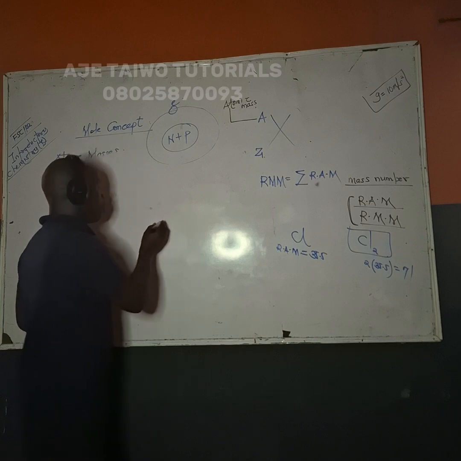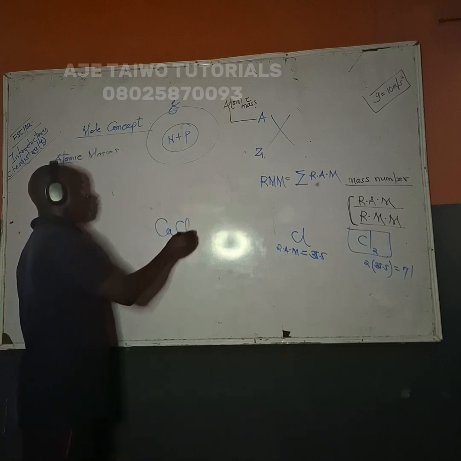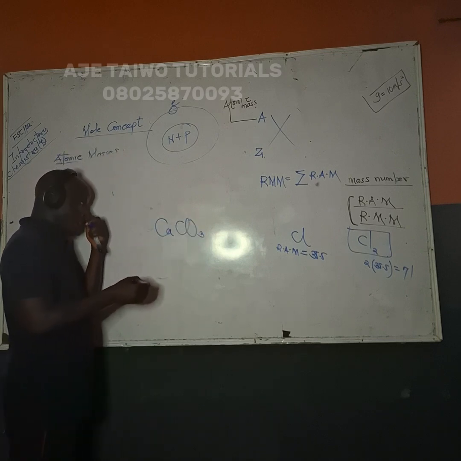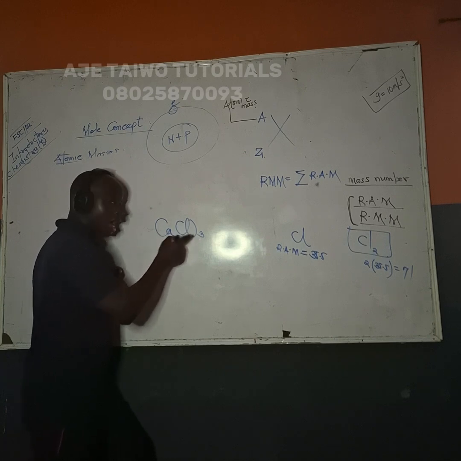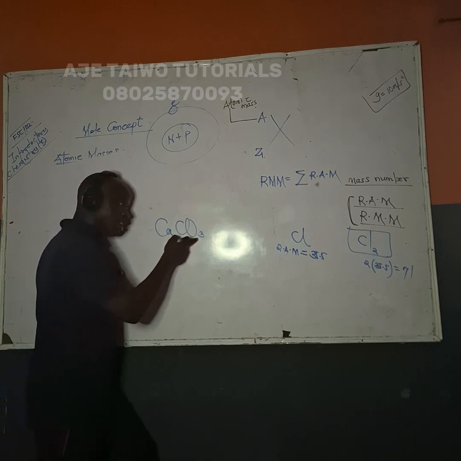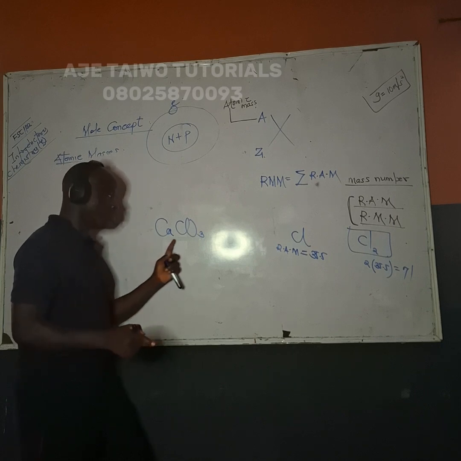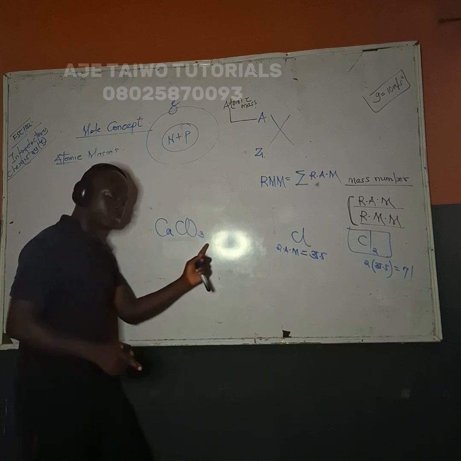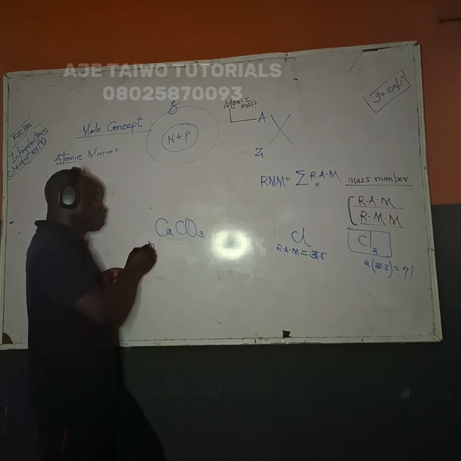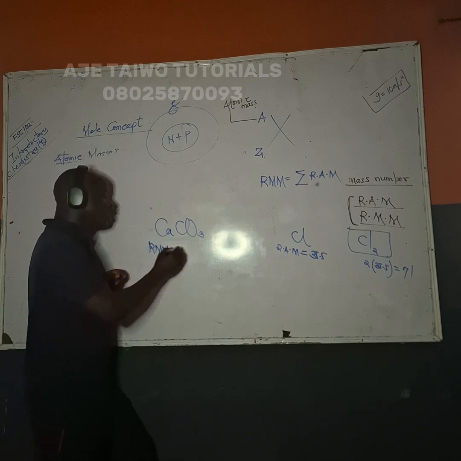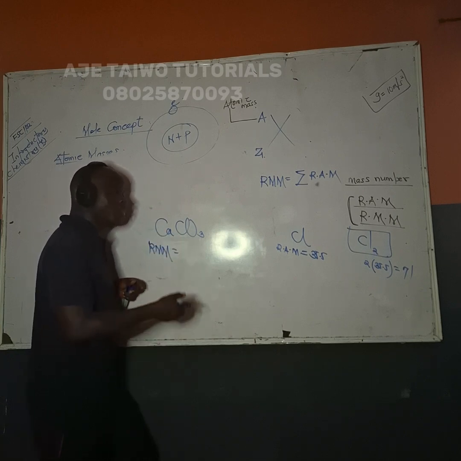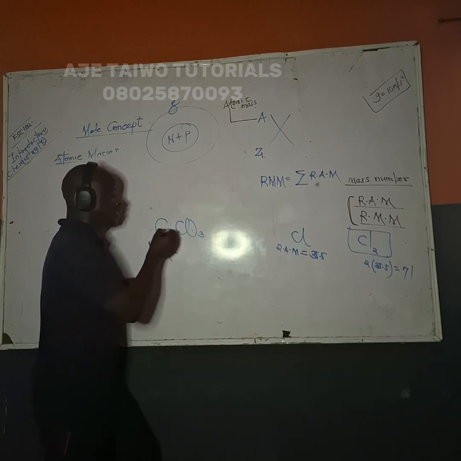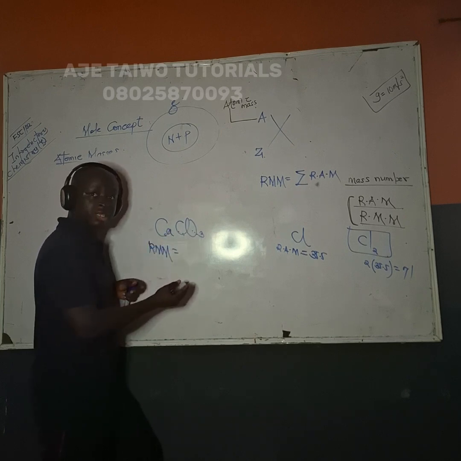If I give you calcium carbonate, I'll be asking for relative molecular mass and not relative atomic mass. Why? This is a molecule, not an atom. The relative molecular mass will be the sum of the relative atomic masses of the atoms present.